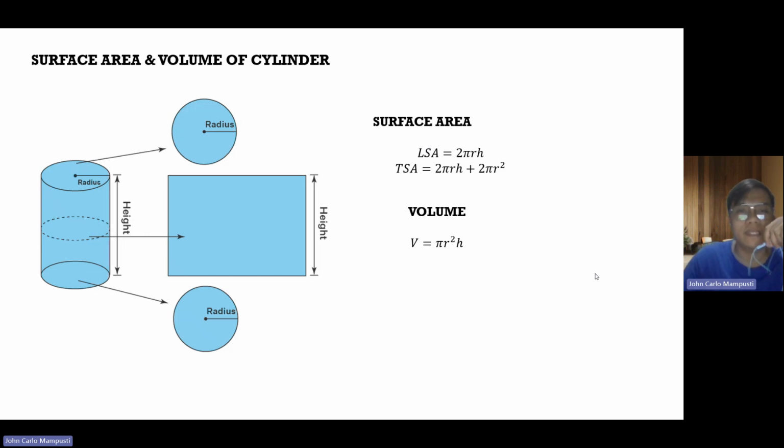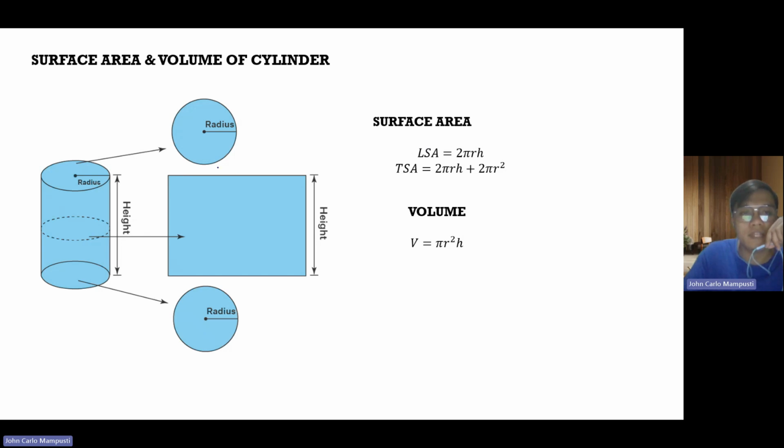So lateral surface, okay, kapag meron kayong used paper roll, remember, kapag ika-cut nyo yun, ganito yung magiging itsura niya, no? Magiging rectangle. So, yung width niya will be the height, and then yung length niya dito will be the circumference, no?